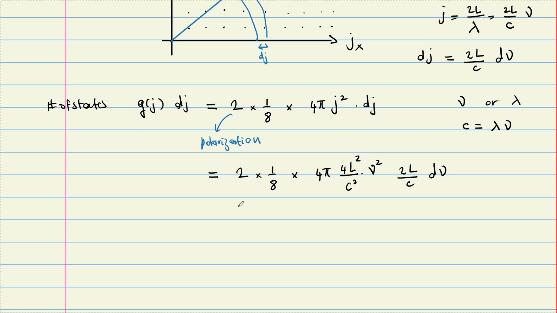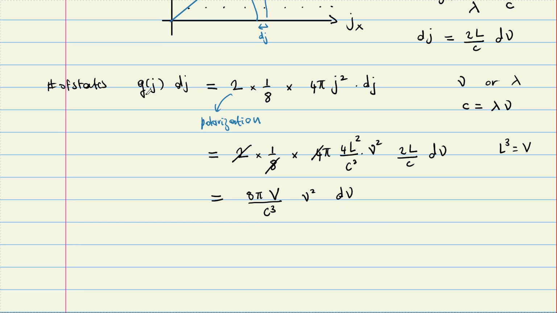And if I collect everything, let me just clean this up. So this one and this one will cancel, and I have here 4, so this is like 8 pi, and I am going to have L square and L cube. I want to shorten it by calling it volume. So this is volume divided by c cube. I think I absorbed all the coefficients. And I have nu squared d nu.